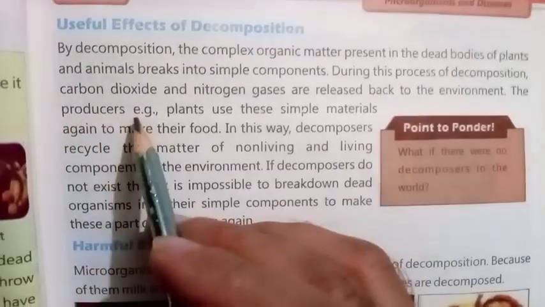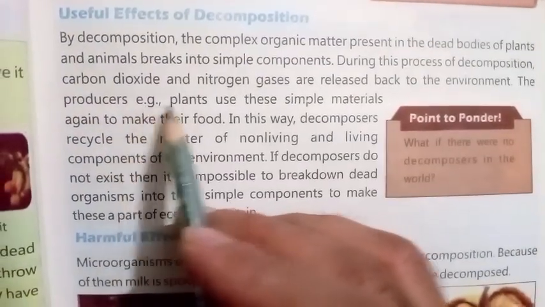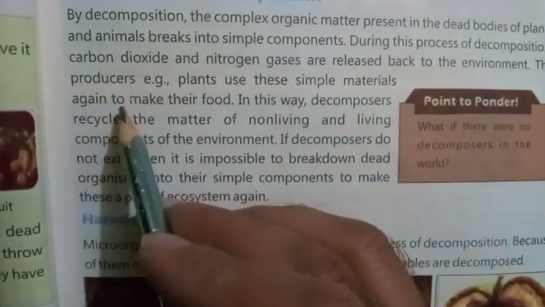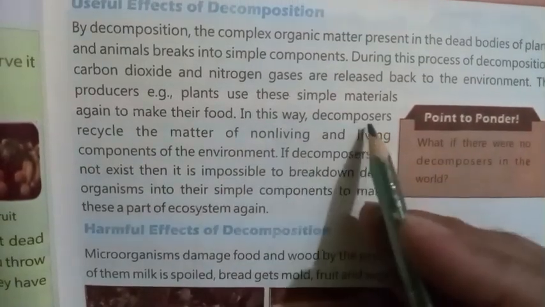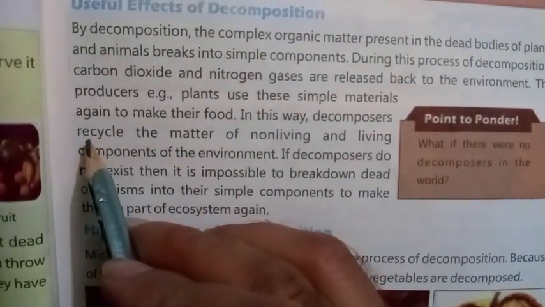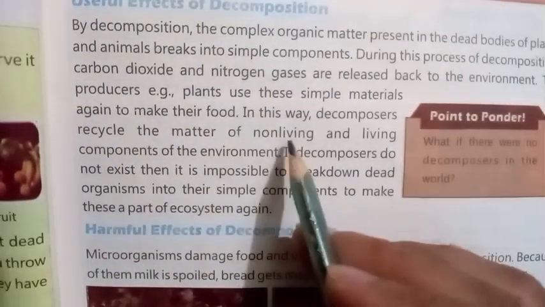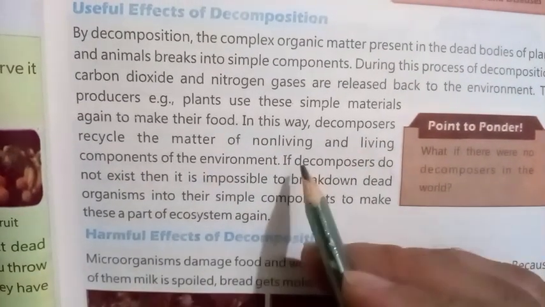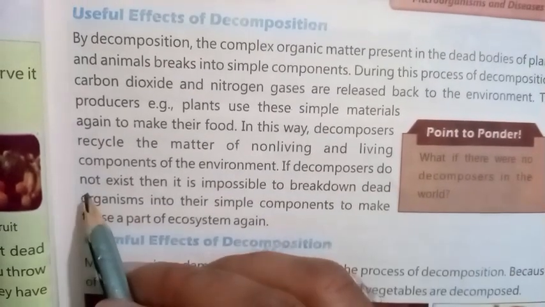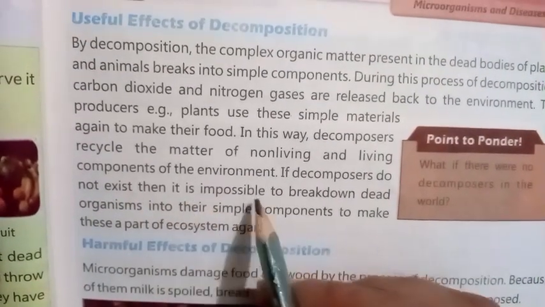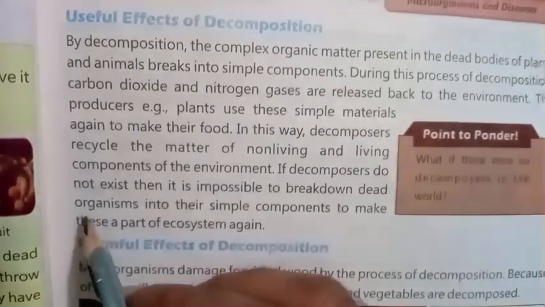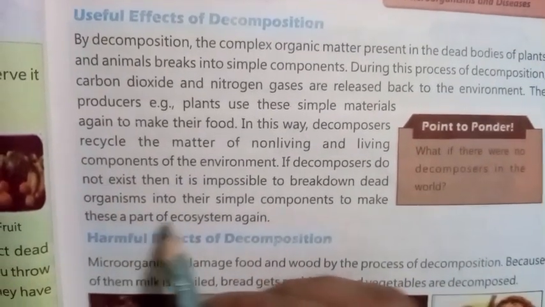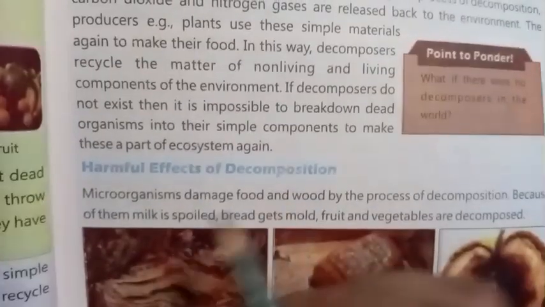The producers, for example, plants, use these simple materials again to make their food. In this way, decomposers recycle the matter of non-living and living components of the environment. If decomposers do not exist, then it is impossible to break down dead organisms into their simple components to make these a part of the ecosystem again.